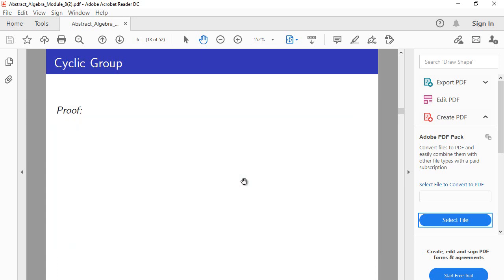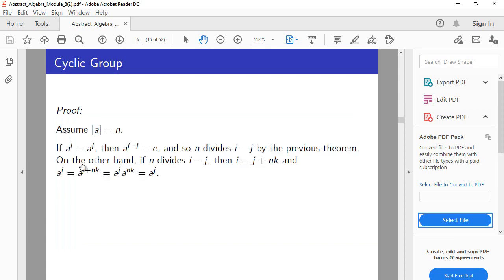Okay, so the assumption of the theorem is that the order of A is n, and A is an element of a group G. If a to the i and a to the j are equal, then obviously if I multiply both sides by the inverse of a to the j, that is a to the negative j, then I get a to the i minus j is the identity.